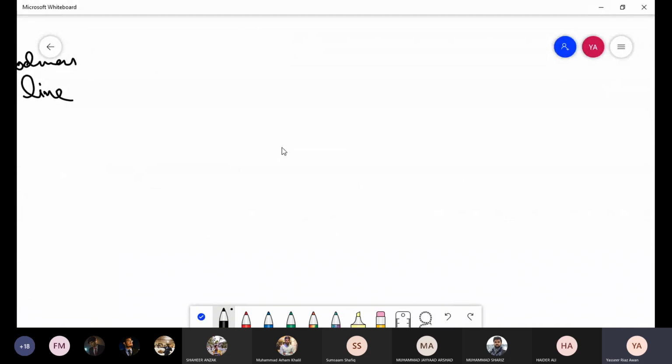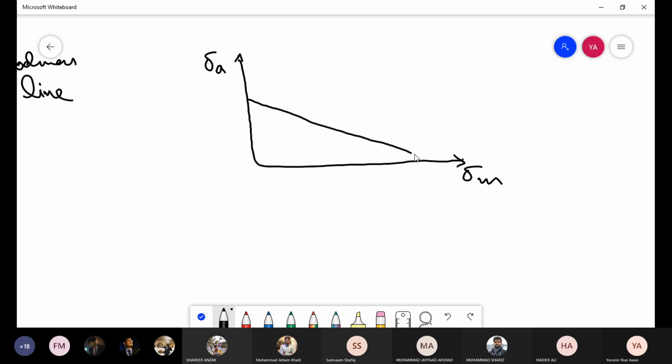Now, obviously, I draw this figure again. There is another problem of yielding.